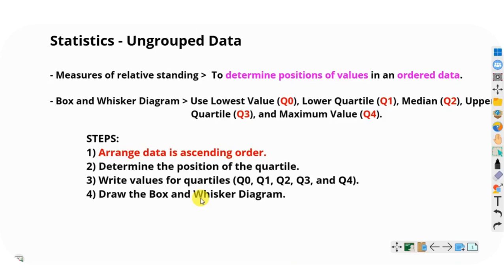For the box and whisker diagram, we're going to use Q0, which is the lowest value of the data, the lower quartile Q1, which is the first quarter of the data, and Q2, which is the median, the 50% position, the midpoint value.